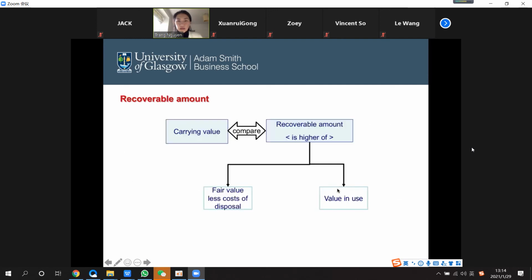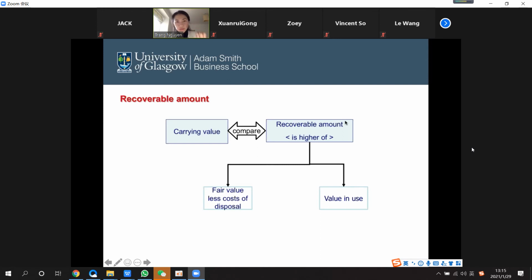The fair value, as I mentioned, is the value we would get at the time we sell a certain asset, and that is a value we can check.